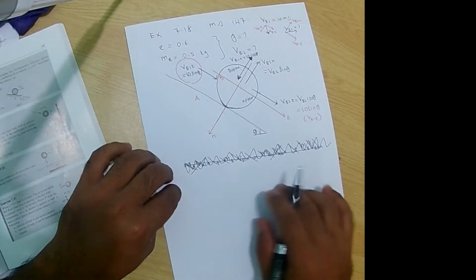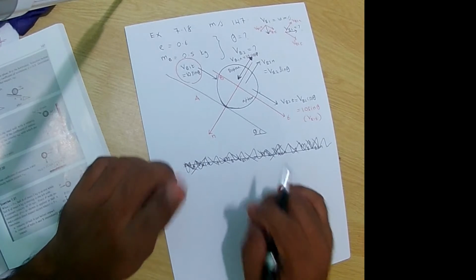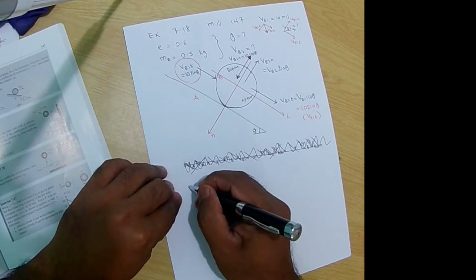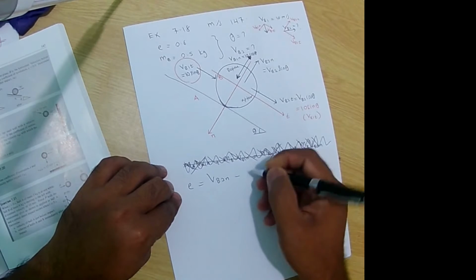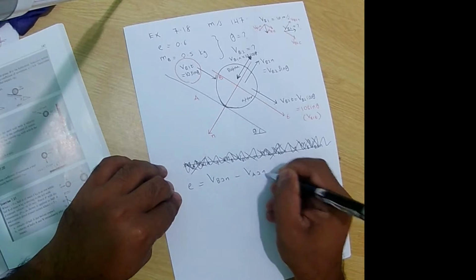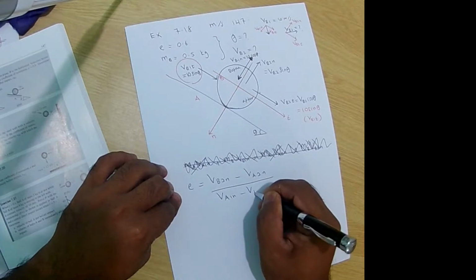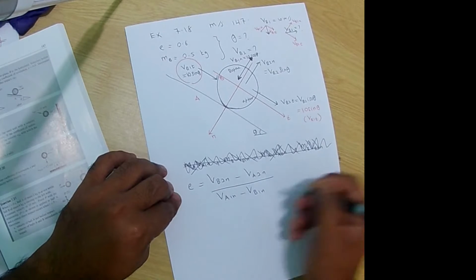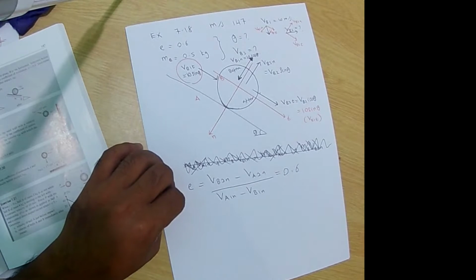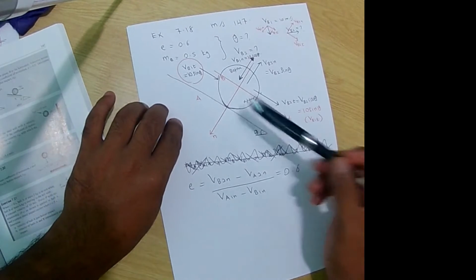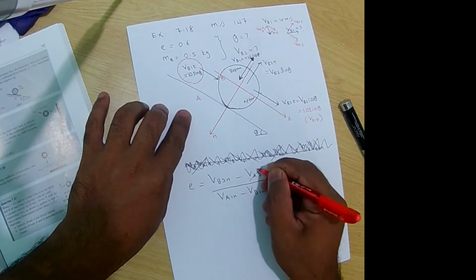Once there is impact, we cannot use conservation of momentum. We can only use the coefficient of restitution, which is E equal to VB2N minus VA2N divided by VA1N minus VB1N. Given E is equal to 0.6, if we consider A is a wall and B is the moving ball, the velocity of A is equal to 0.